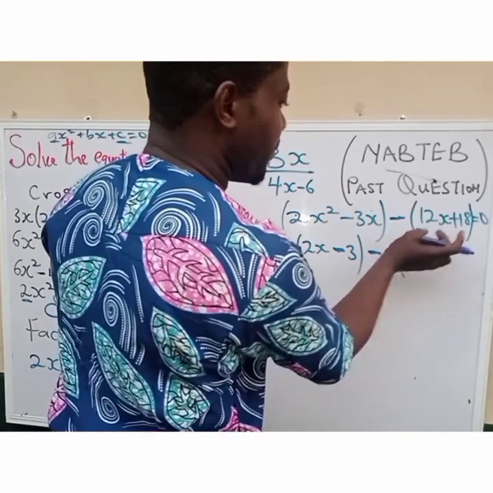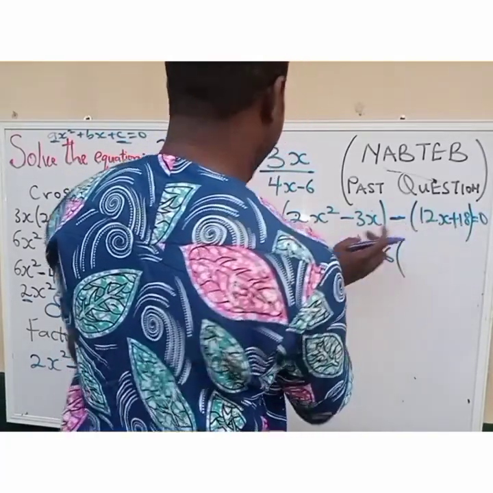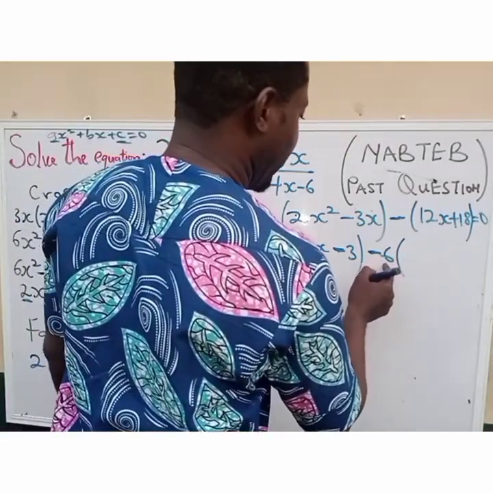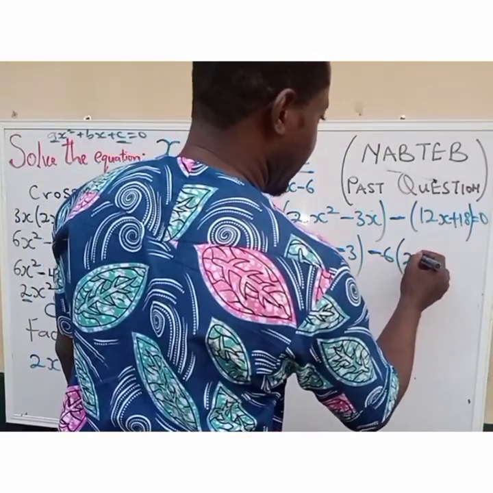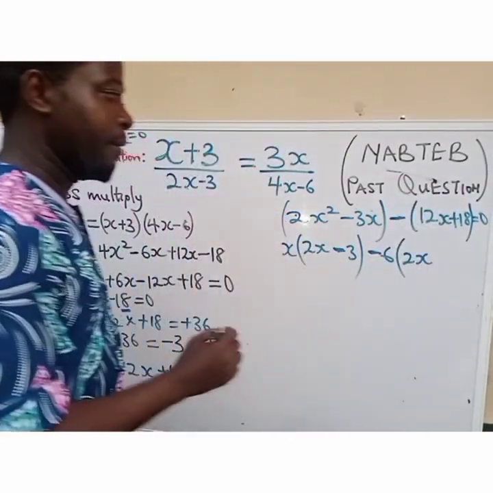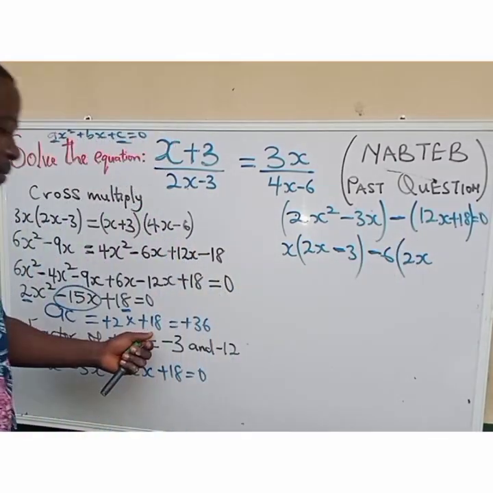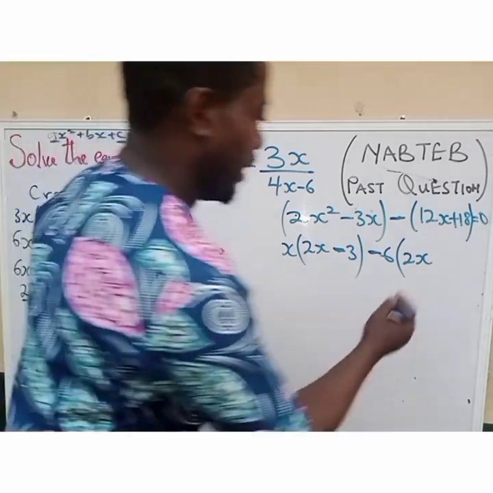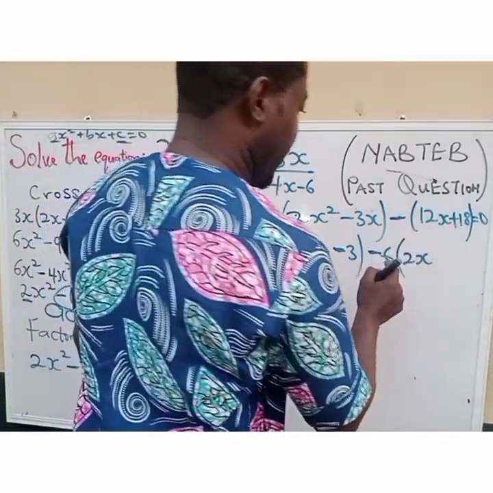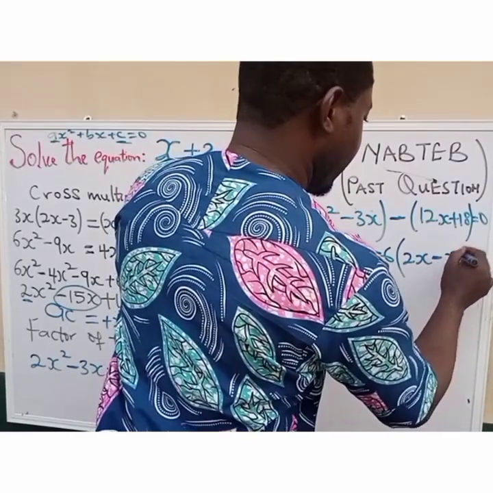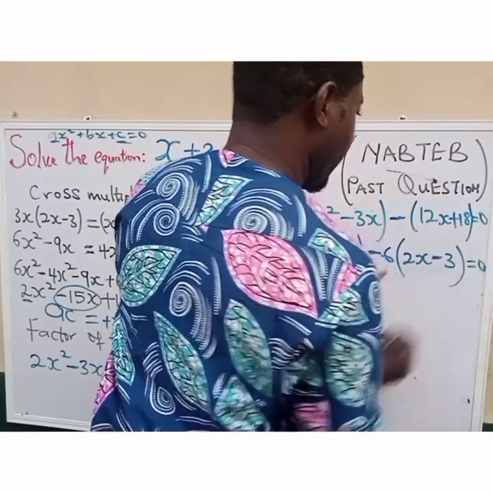Minus 6 multiplied by what is going to give me minus 12x? That's going to be minus 6 multiplied by 2x. Now, minus 6 multiplied by what is going to give me plus 18? And that is going to be minus 6 minus 3 equals 0.